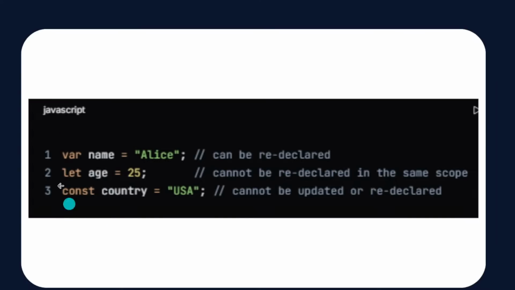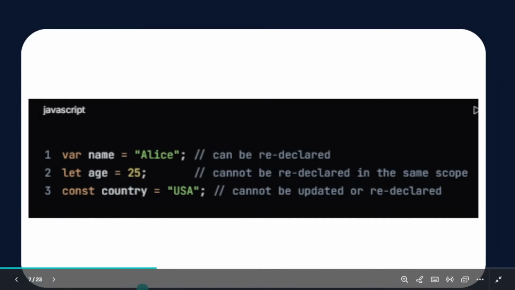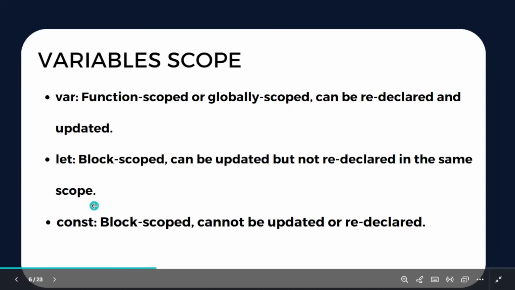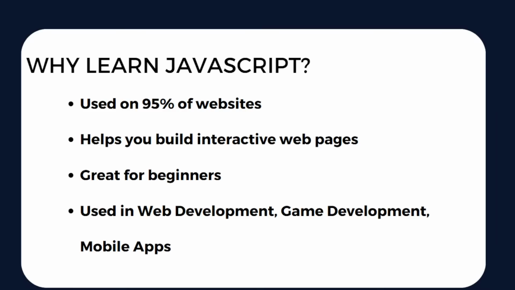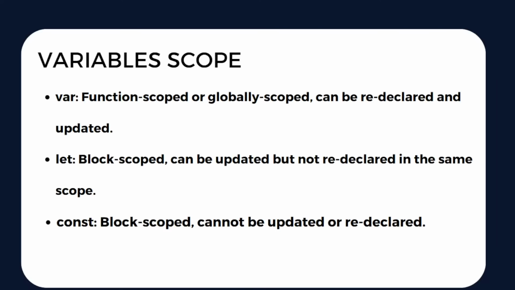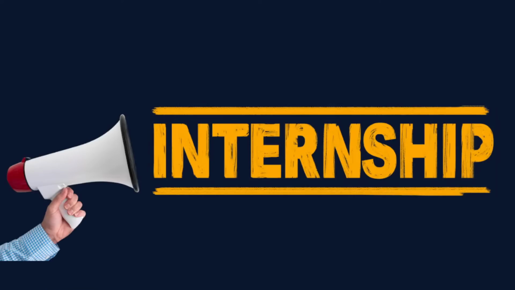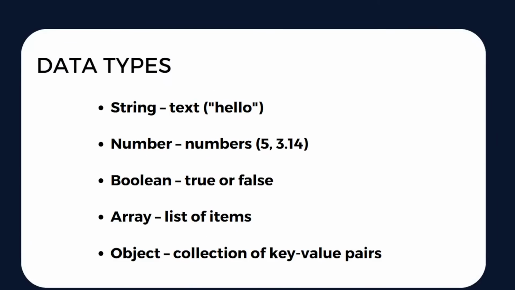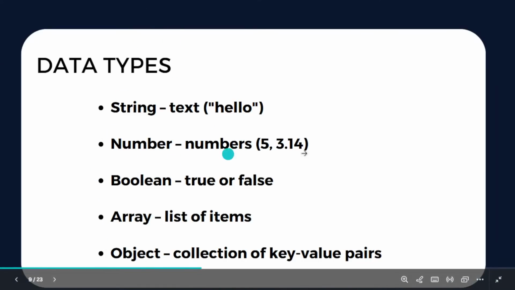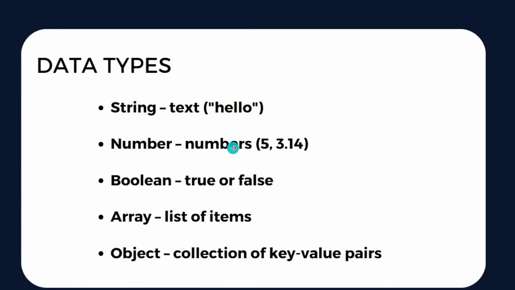These are the 3 scopes in JavaScript, and these are interview questions also, so remember them. Also we need to understand string, number, boolean, array. These are the data types, which are important and also interview questions. You just prepare them.